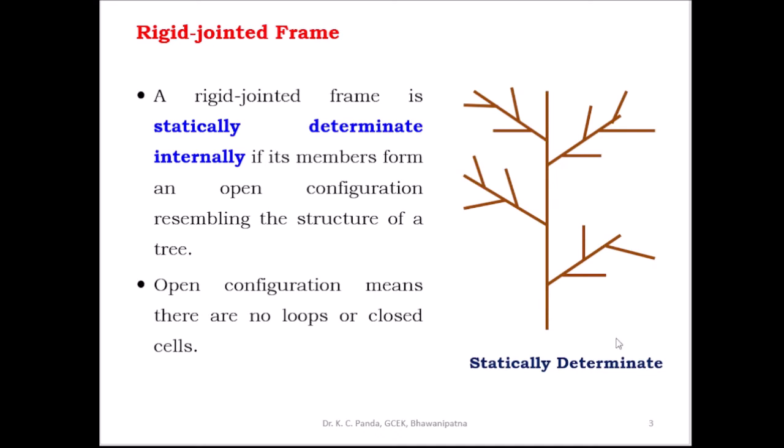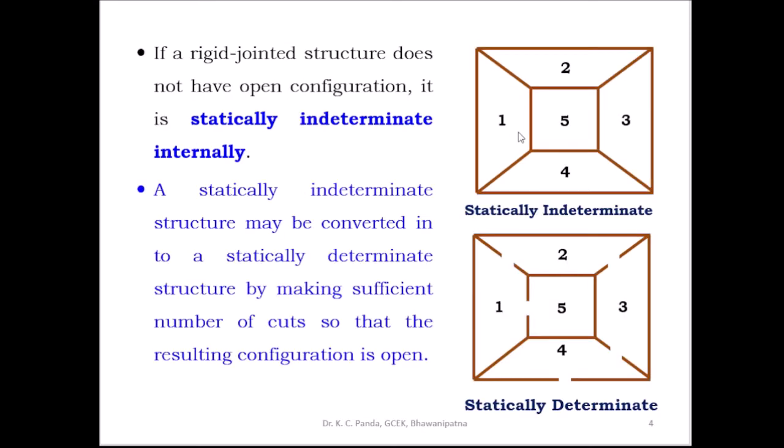This is the rigid jointed frame, and this type of structure is statically determinate internally if the shape is like a tree shape. Look at this figure. Here all the boxes are closed. If a rigid jointed structure does not have an open configuration, it is statically indeterminate internally.